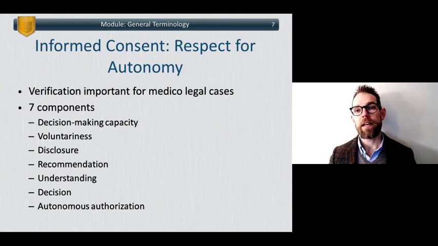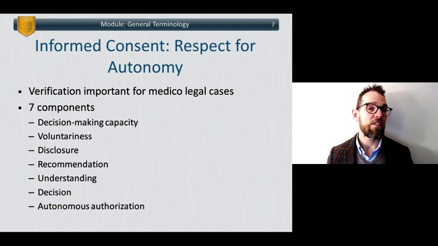So informed consent implies a respect for autonomy of the patient. Verification of it is critical for medical legal cases, and it involves 7 distinct components. You don't necessarily need to memorize these 7 components, but need to, in general, understand their importance. So the patient has to demonstrate decision-making capacity.